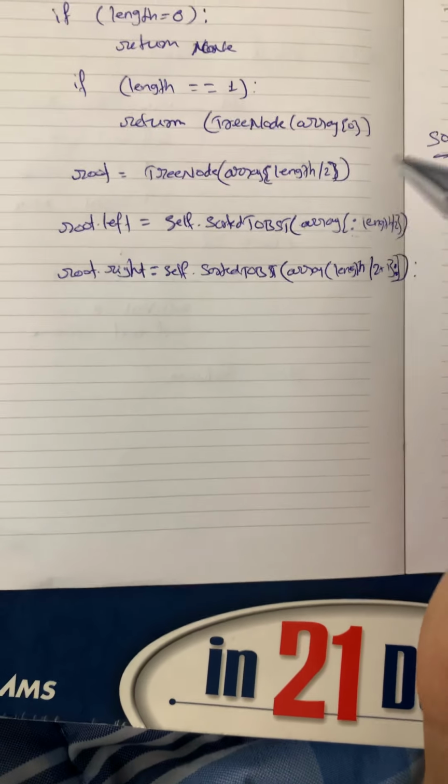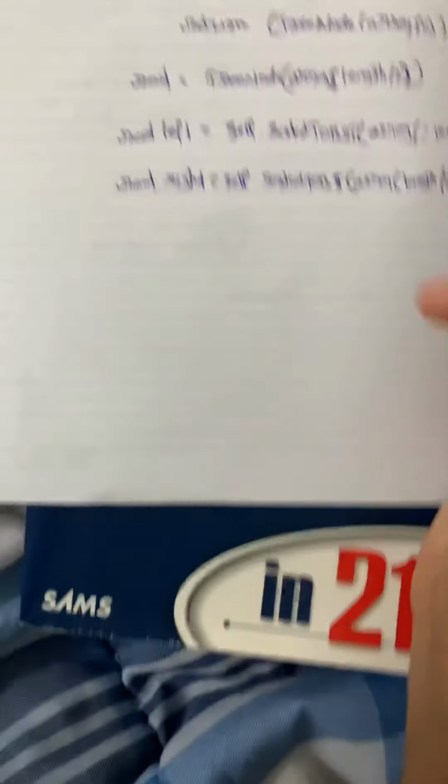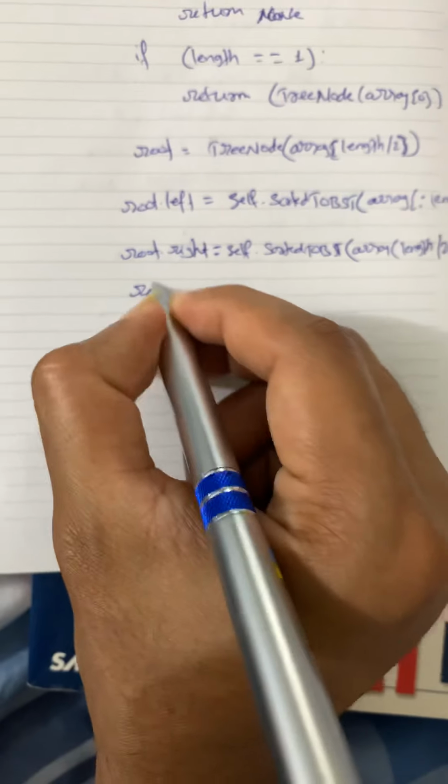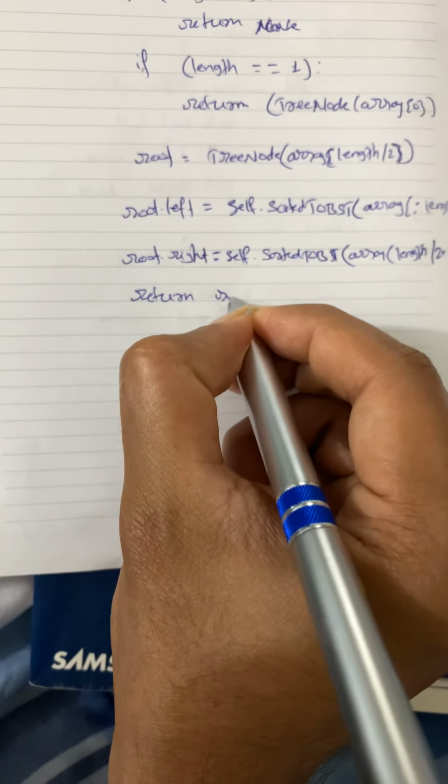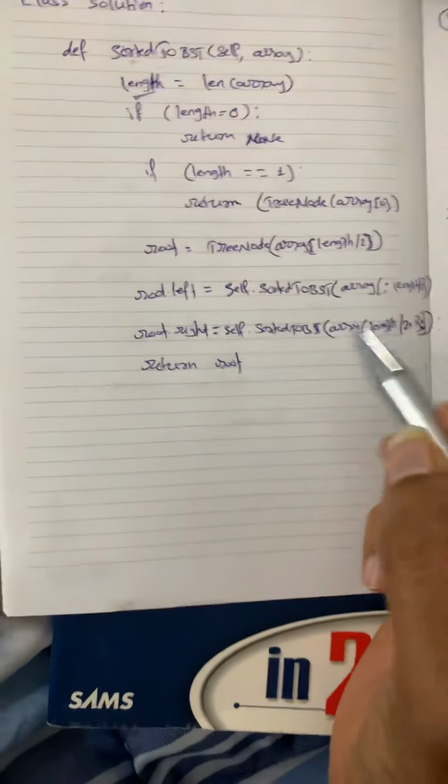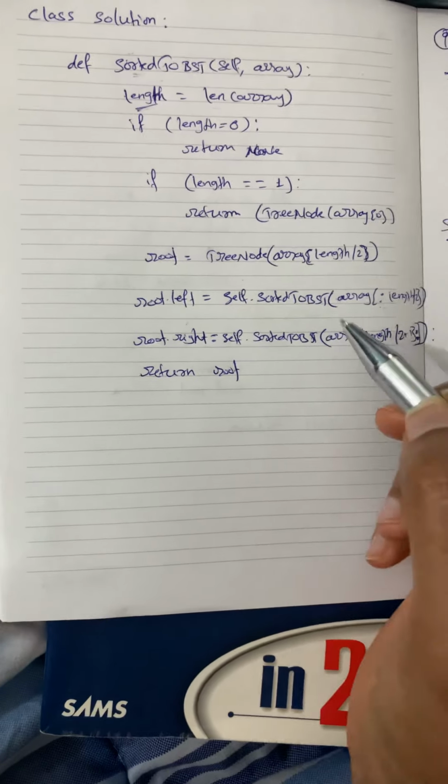So this one takes care of the elements from the midpoint till the end, and then we return root. So we are just constructing a tree.